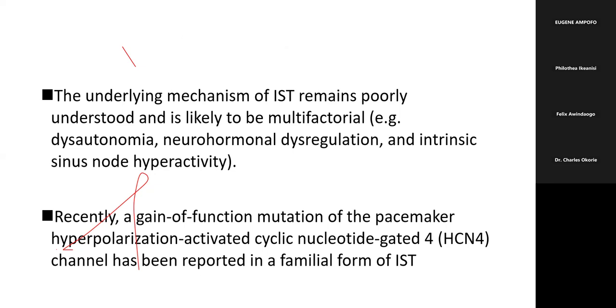It tends to be multifactorial, that is, a lot of factors: for example, dysautonomia seen in diabetic patients, neurohormonal dysregulation, and intrinsic sinus node hyperactivity. Recently, a gain of function mutation of the pacemaker hyperpolarization-activated cyclic nucleotide-gated 4 channel, HCN4 channel, has been reported in familial form of inappropriate sinus tachycardia.